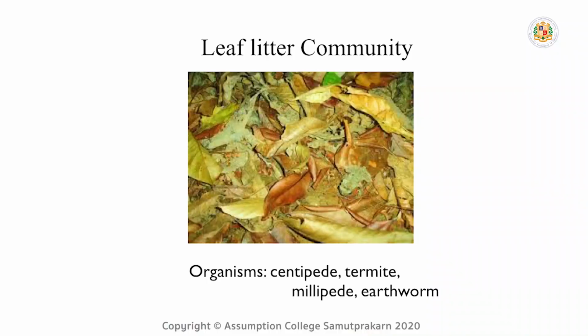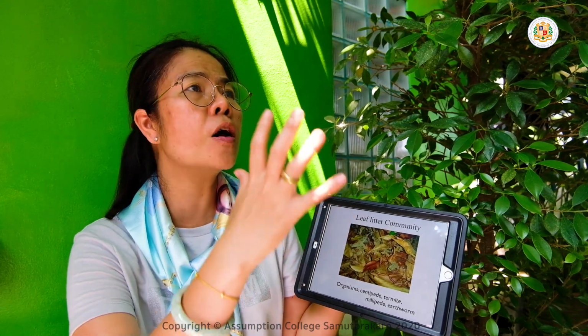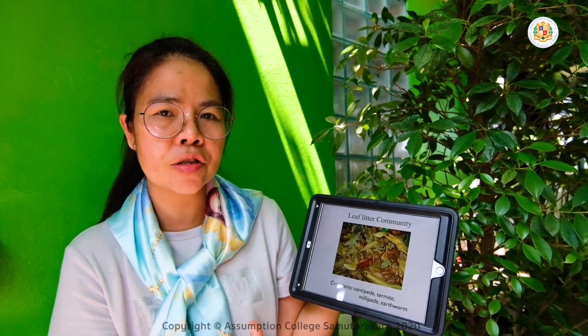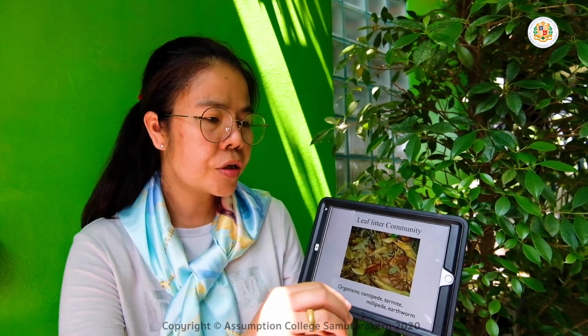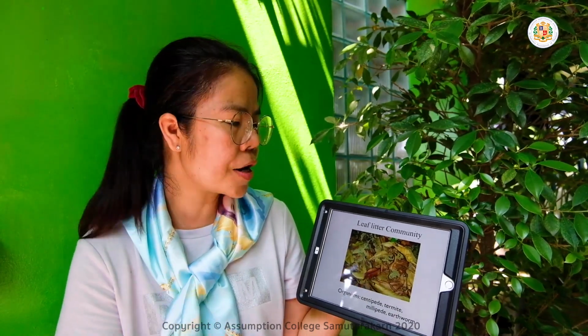And this is a leaf litter community. Leaf litter means the leaves falling down from the plants, and after that they decay, that we call leaf litter. When you pick it up, you can find many living things living under the leaf litter.